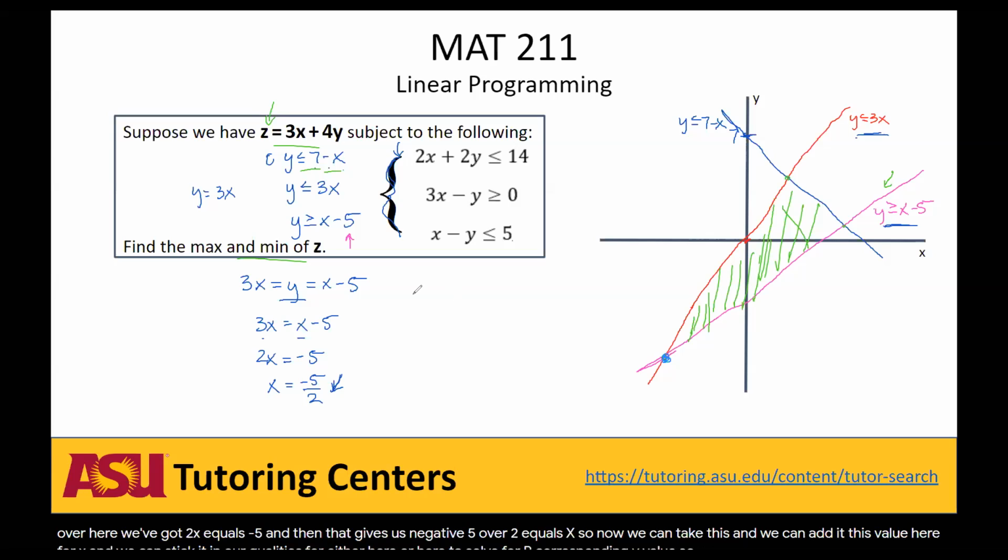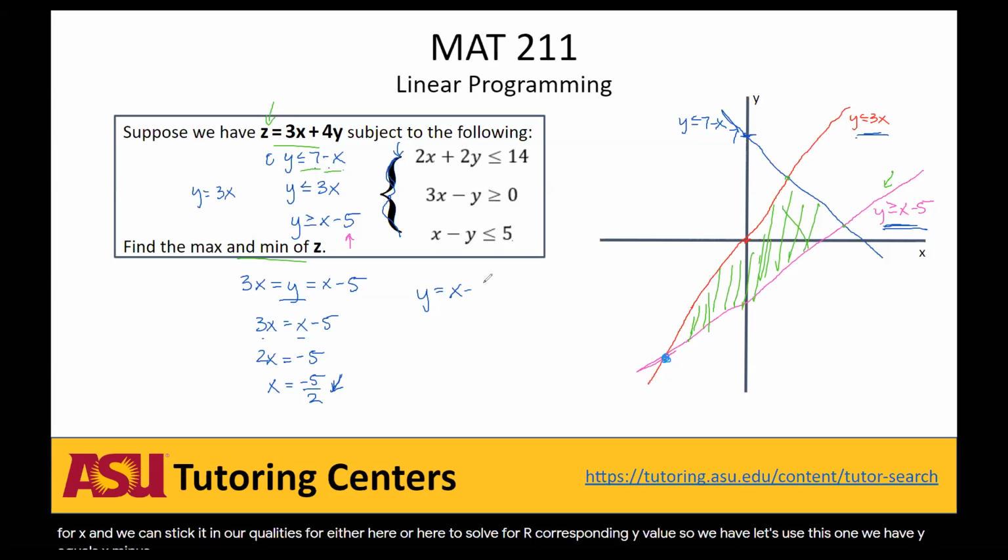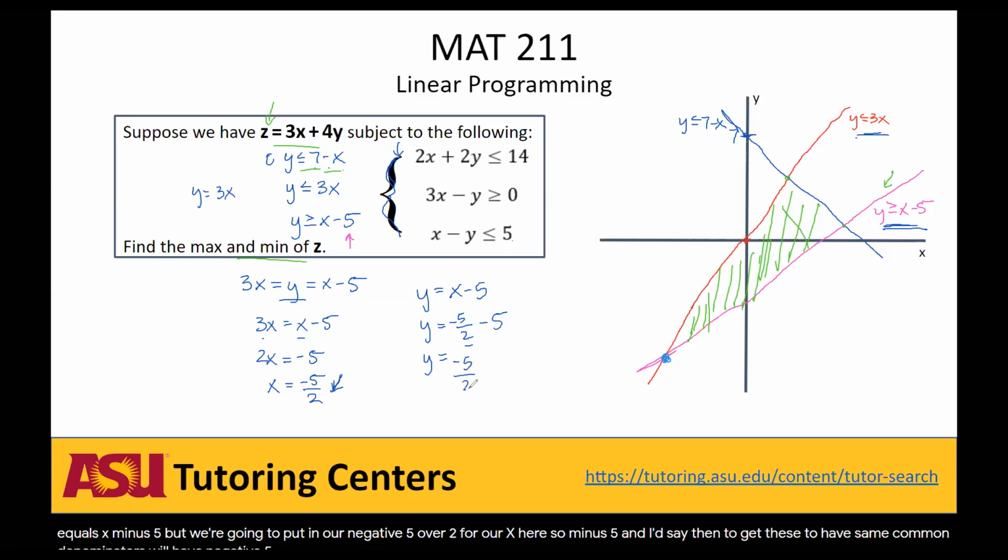So let's use this one. We have y equals x minus 5, but we're going to put in our negative 5 over 2 for our x here, so minus 5. And to get these to have the same common denominators, we'll have negative 5 over 2. Ooh, this looks terrible. Let's move this down.